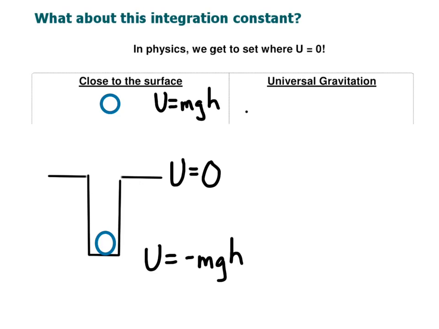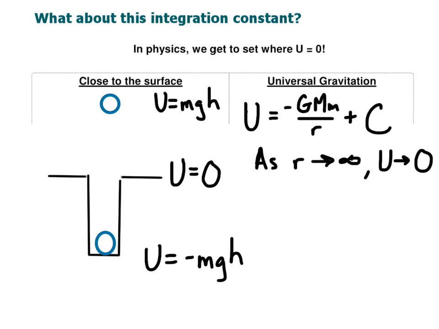Well, what happens with Newton's law of universal gravitation? What happens to that integration constant? Well, the same principle applies, but what we decide to do in physics with universal gravity is that as r approaches infinity, so as the two objects get farther and farther away, we decide that we want to set that gravitational potential energy equal to zero.